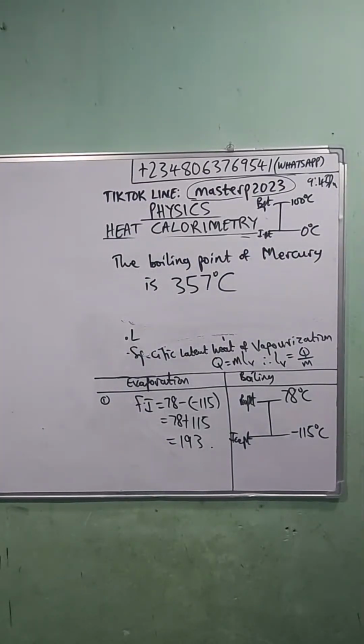So, Nikki the Sapien, I think I've answered your question. The boiling point of mercury is 357 degrees Celsius.